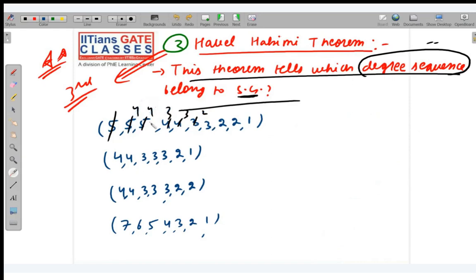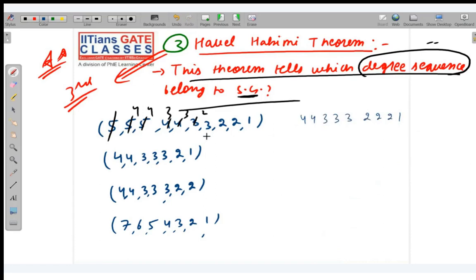Till here we have done: after cutting 5, I have subtracted 1 from all those vertices, so I am getting 4, 4, 3, 3, 2. Now finally we are having 4, 4, 3, 3, 2 and here 3. So it is not in descending order, so it is no longer a degree sequence. So first you convert it into a degree sequence and then we will do the things. So 4, 4, 3, 3, then 3 and then triple 2 and 1. Are you getting it?